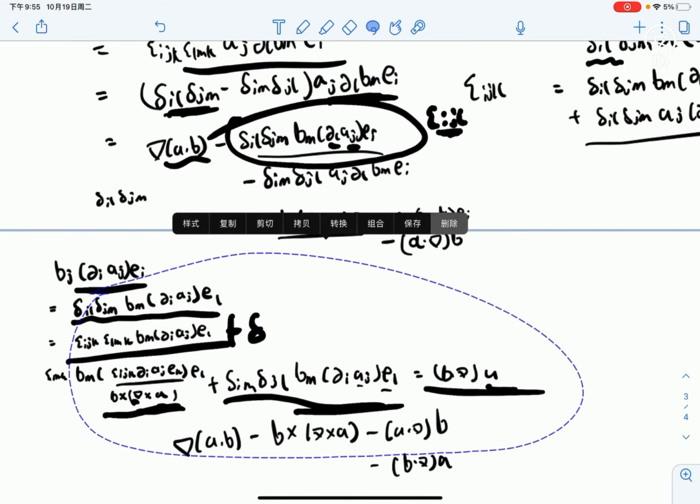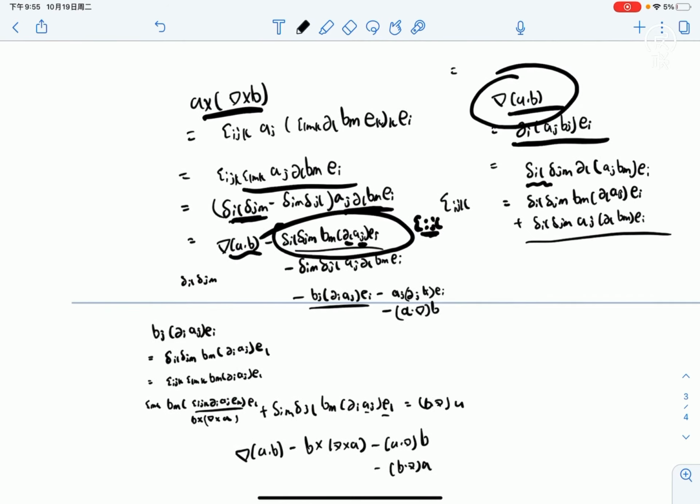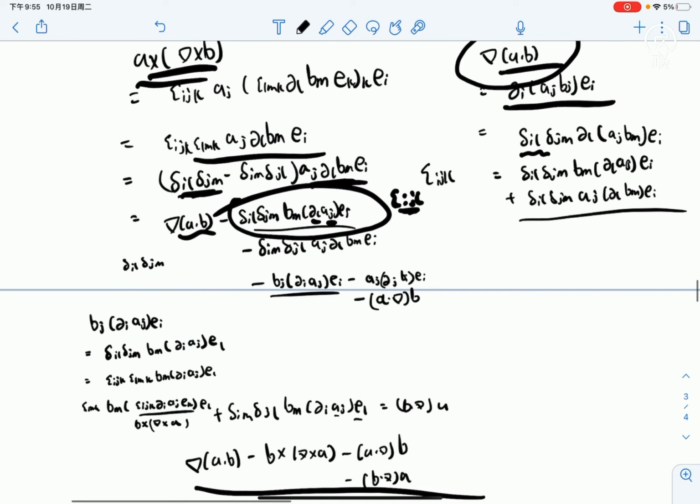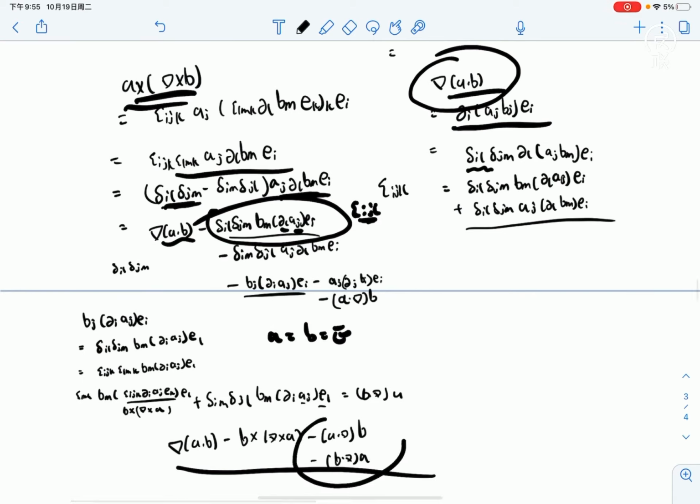Okay, so basically now this term is equal to this term, and we see that A is equal to B is equal to E. For this case, these two terms are equal to each other, which is 2 times E and this.